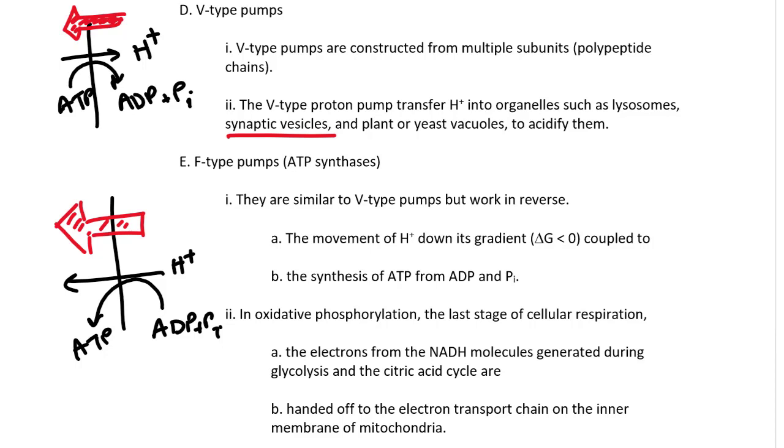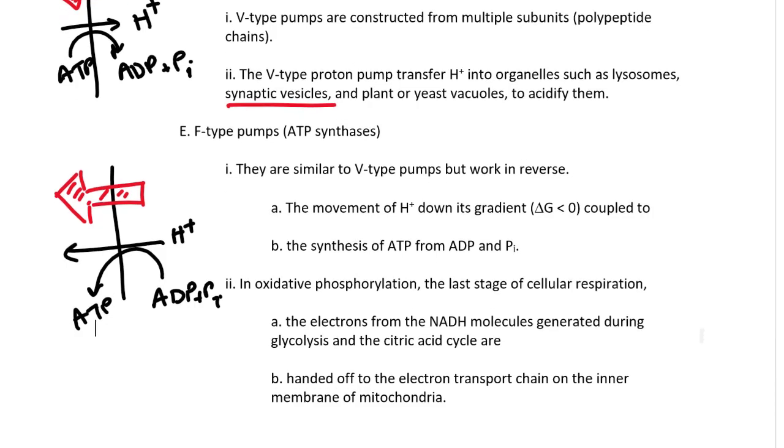It has a positive delta G, but the movement of H+ down its gradient has a negative delta G. You add those two up, the whole process is a negative delta G, and that's how you can make ATP. In oxidative phosphorylation, the last stage of cellular respiration, the electrons from NADH molecules generated during glycolysis and the citric acid cycle are handed off to the electron transport chain on the inner membrane of the mitochondria.